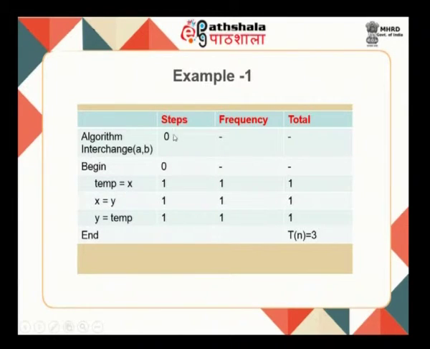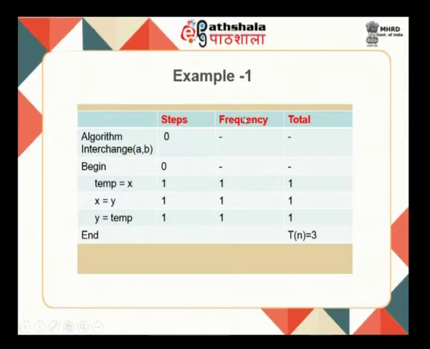You can see the first column, steps. This is 0, this is 0 because these statements are not executed by the compiler. These three statements are executable statements. Therefore, the step is going to be 1, 1, 1 for these.